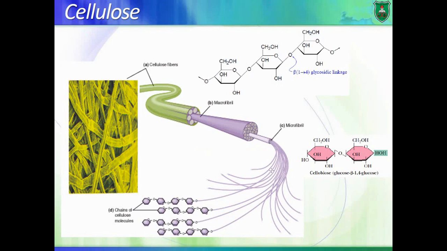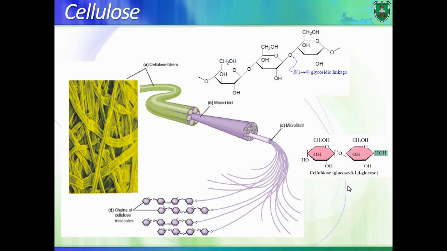Okay, the disaccharide subunit that makes the structure of cellulose, whenever we have two glucose residues connected together via beta-1,4 linkage, is called cellobiose.